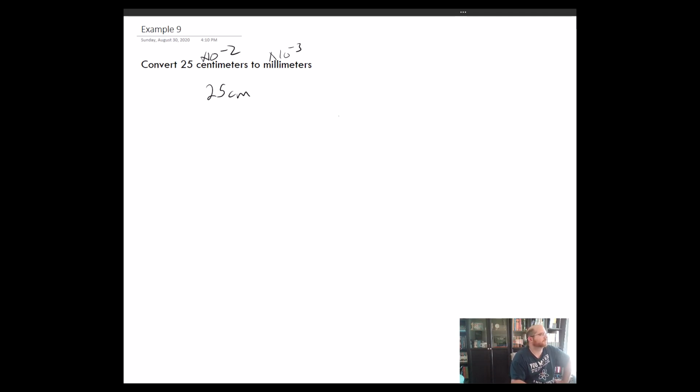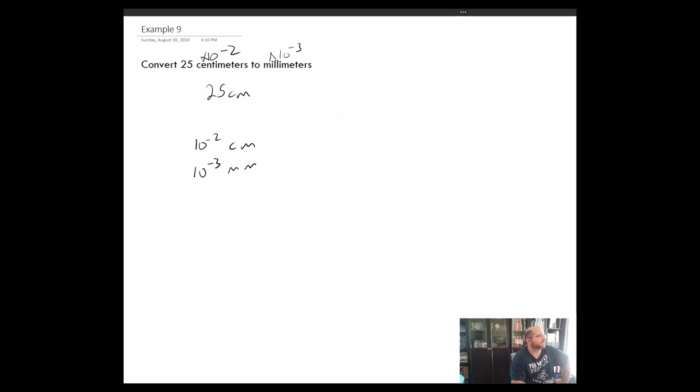And if you go back through your notes and you find that table, all right, 10 to the negative 3 for milli and 10 to the negative 2 for centimeters. All right, what is the difference?